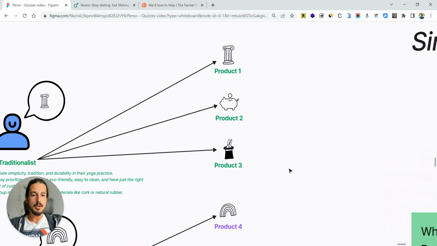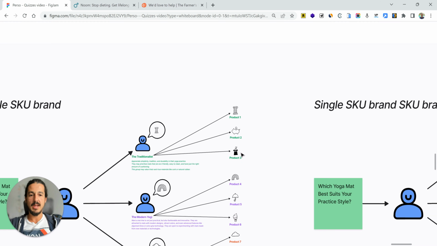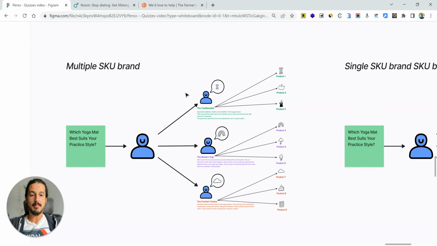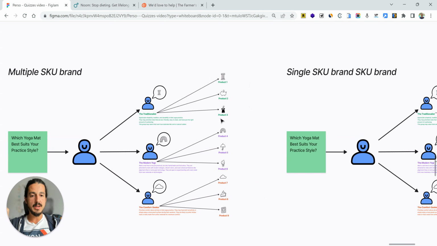Same product, but maybe not the same SKU, not the same design, not the same characteristics, not the same marketing angle. So by thinking before of our categories, we can create the quiz that will allow us to segment those people depending on the answer to give them the right product they need.